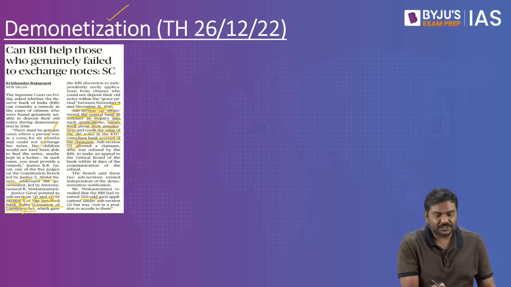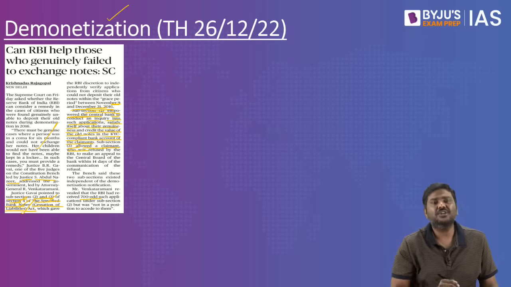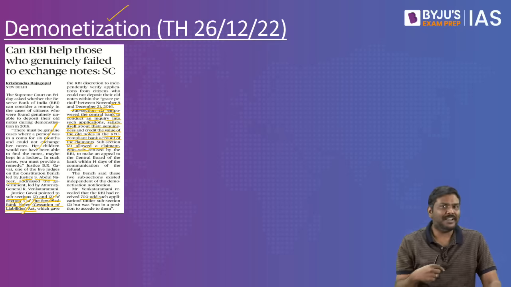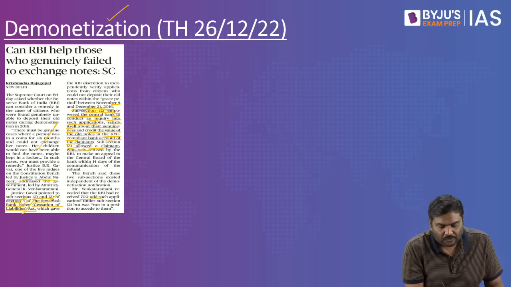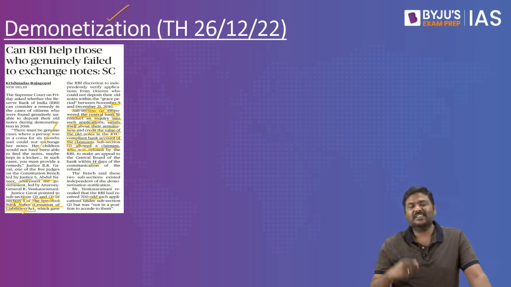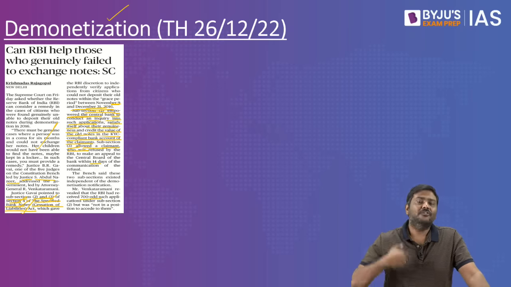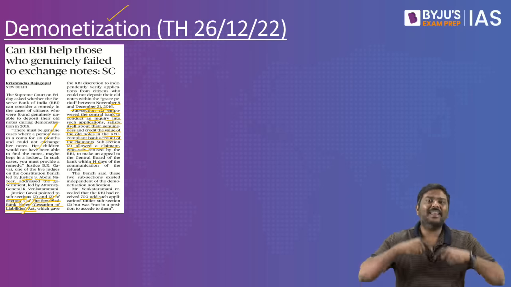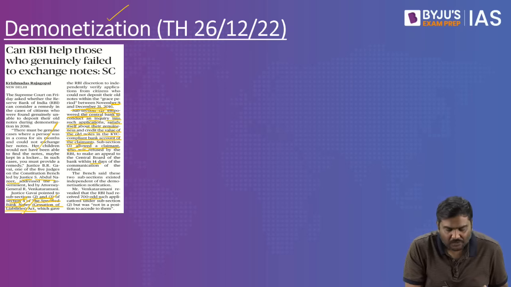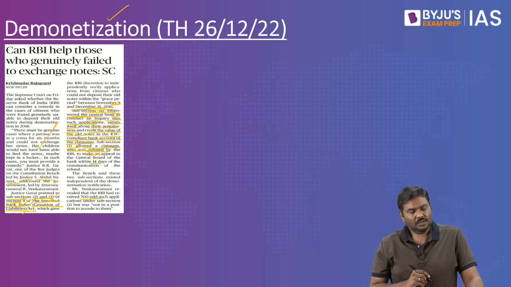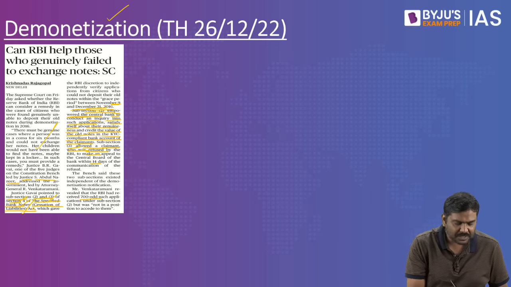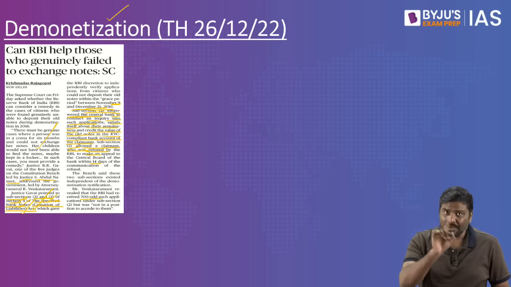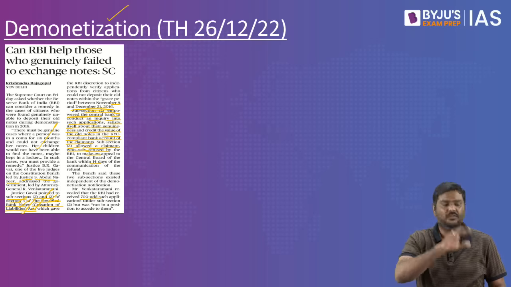Then subsection 3 comes into the picture, under which the applicant has a time period of 14 days. Up to 14 days is given to the applicant, wherein the applicant can appeal again against the order of the Reserve Bank of India. So these are the two very important subsections of the Specified Banknotes Act, can be asked in UPSC. Please make a note of this.